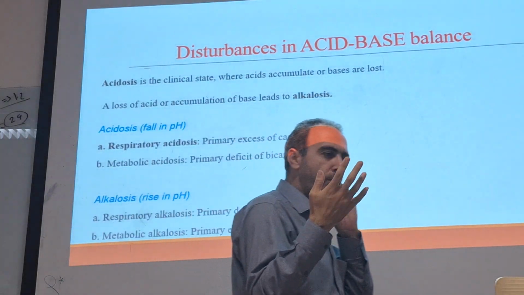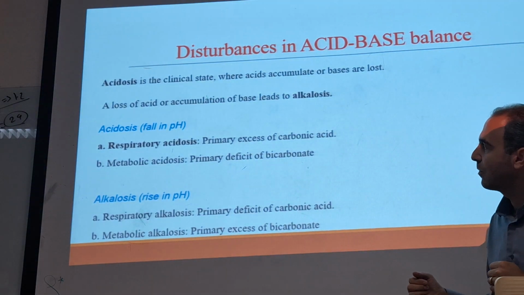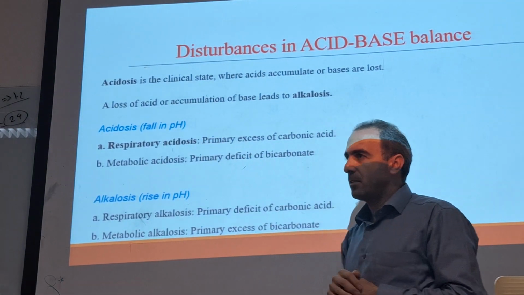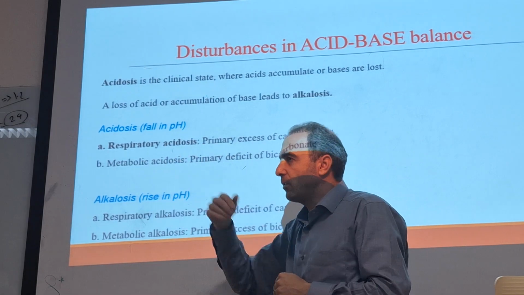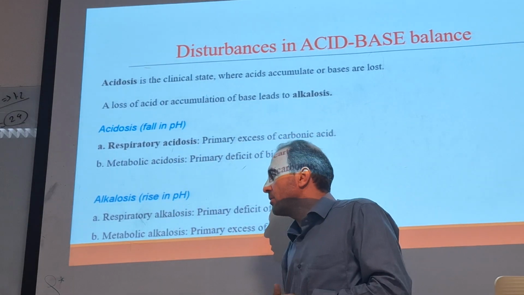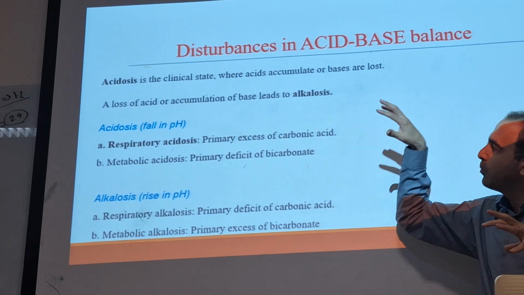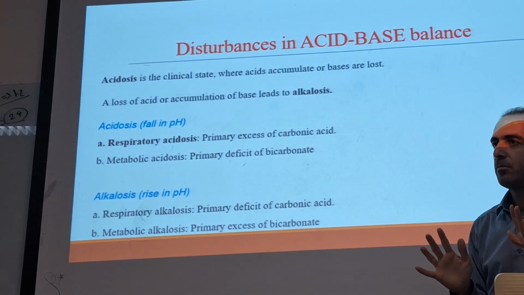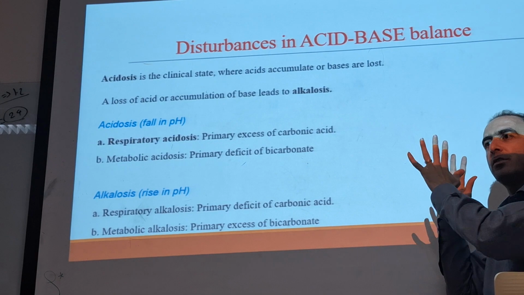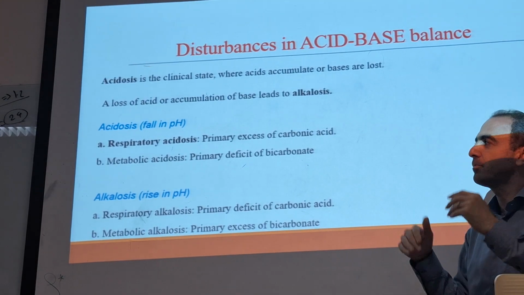So we have four main conditions: respiratory acidosis, metabolic acidosis, respiratory alkalosis, metabolic alkalosis. This session is about these four conditions, and I will give you a question about this more than others.